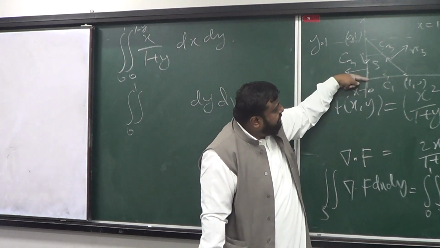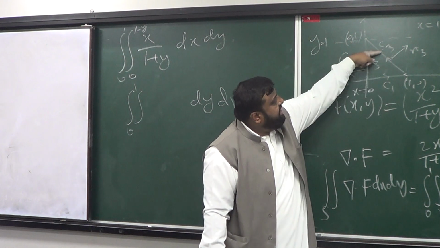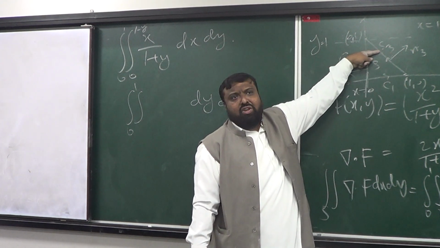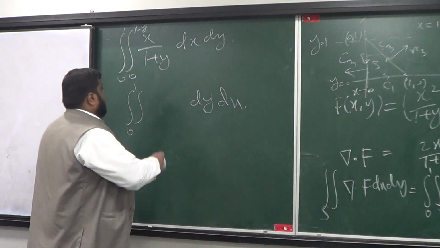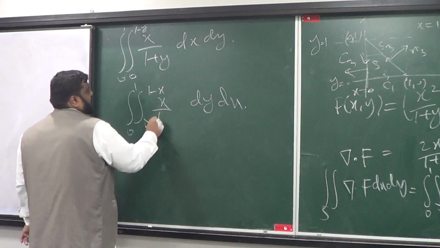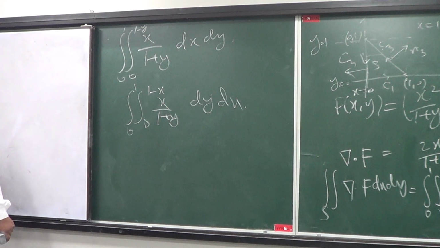So you start from y equal to 0 in this region, and you end up at this line. You have to see what the value of y is on this line: 1 minus x. Fortunately it's easy to deal with here. It's not always easy.